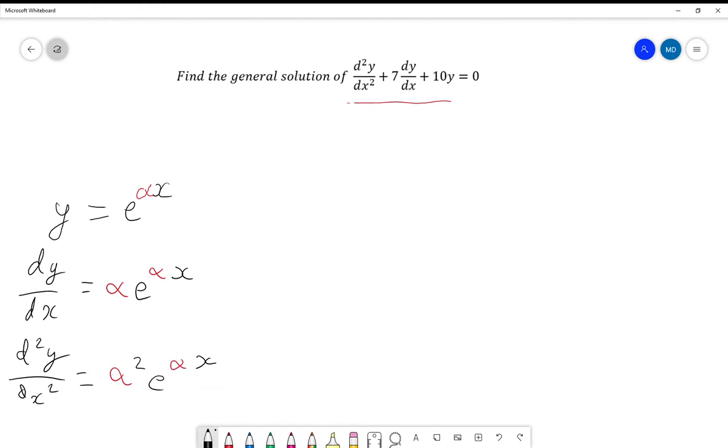And this is kind of the key thing. Now let's substitute those in. So if I substitute those in, I'm going to get alpha squared e to the alpha x plus 7 lots of alpha e to the alpha x plus 10 lots of e to the alpha x.